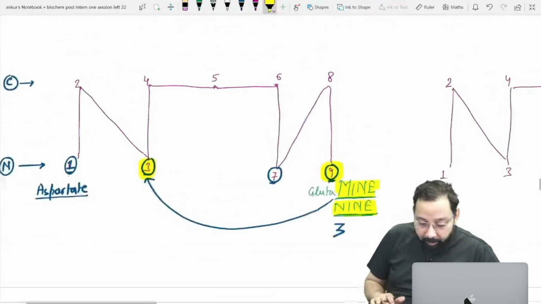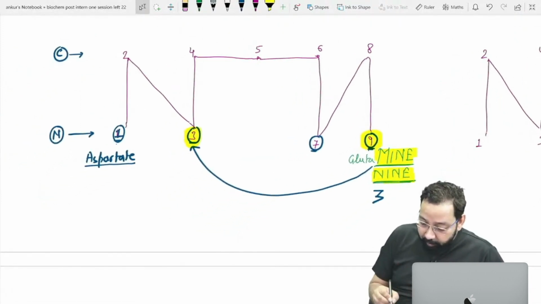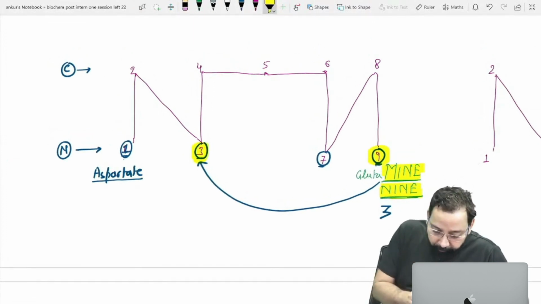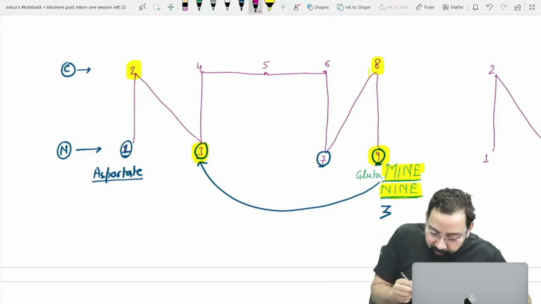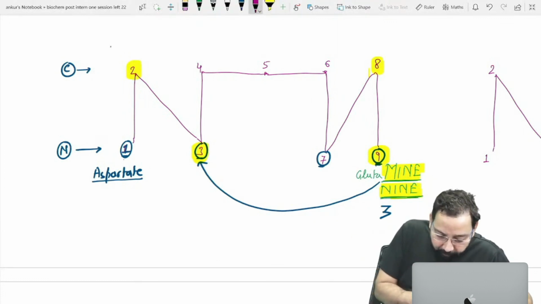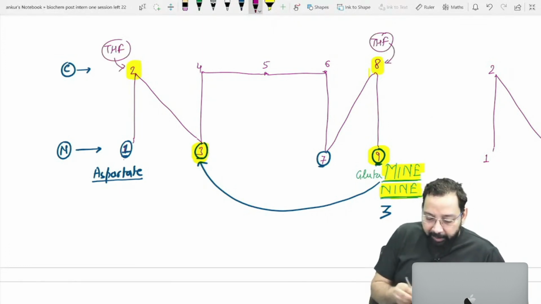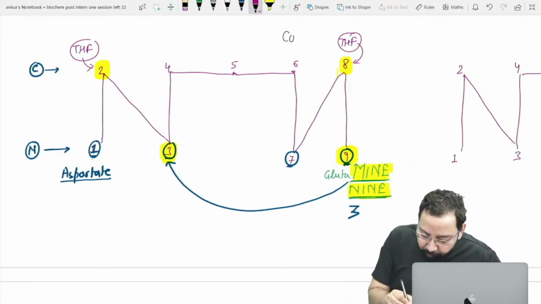You will find that the upper ones are carbon. The second carbon and the eighth carbon, the initial carbon and the last carbon, are contributed by folic acid, tetrahydrofolate, and this sixth carbon is contributed by CO2.